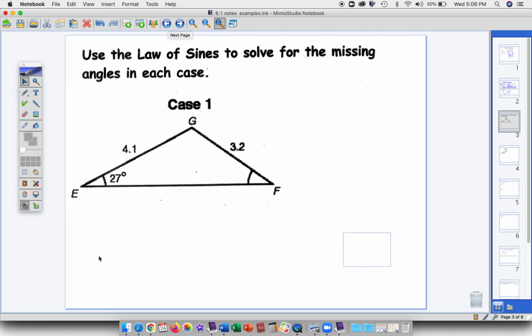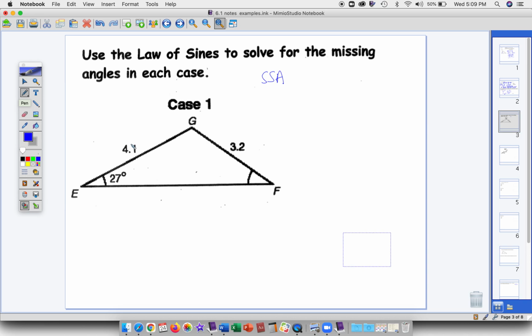Okay, now this is an example where we're going to talk about side-side-angle, which remember is not a way to prove triangles congruent, and now you're going to learn why.